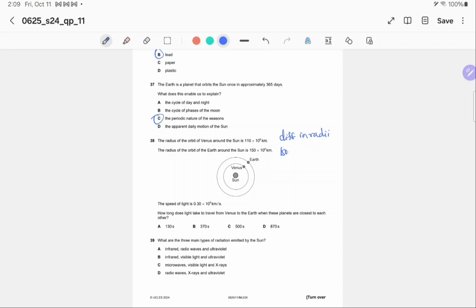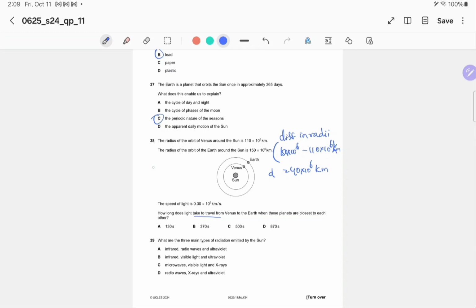So 150 × 10^6 minus 110 × 10^6 kilometers, I'll take the common factor outside. So it is 40 × 10^6 kilometers. That's the distance between Venus and Earth when they come close, the radius difference. Now what did they ask? The travel time, the time light takes to travel.